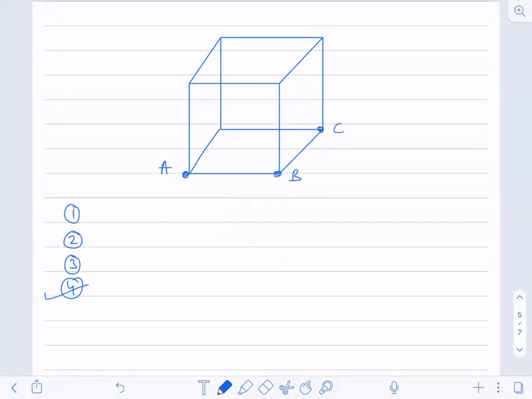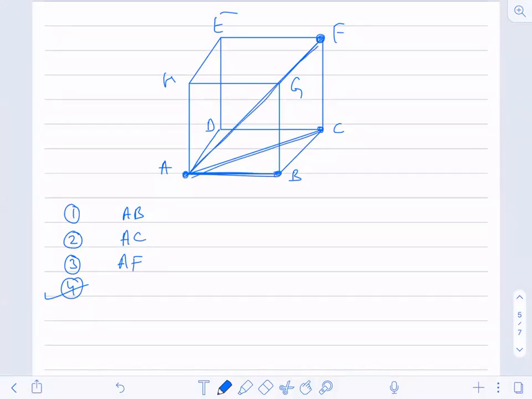And across A and F, sorry, AF, where the cube has vertices A, B, C, D, E, F, G and H. So across AB, which is an edge, across AC, the face diagonal, and across AF, the body diagonal.